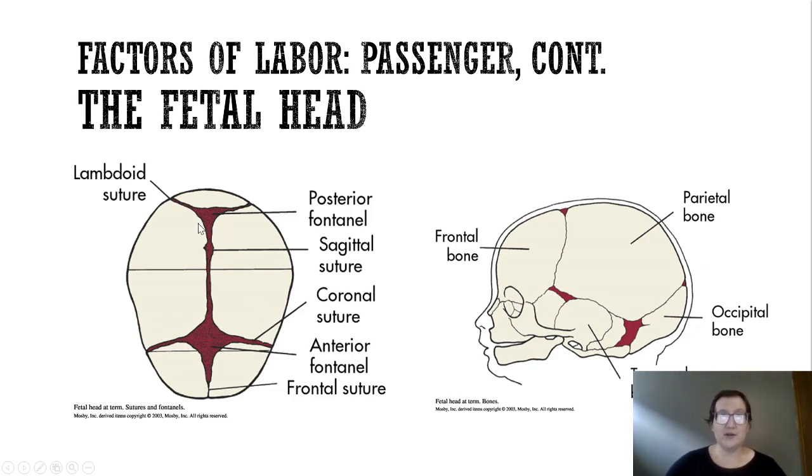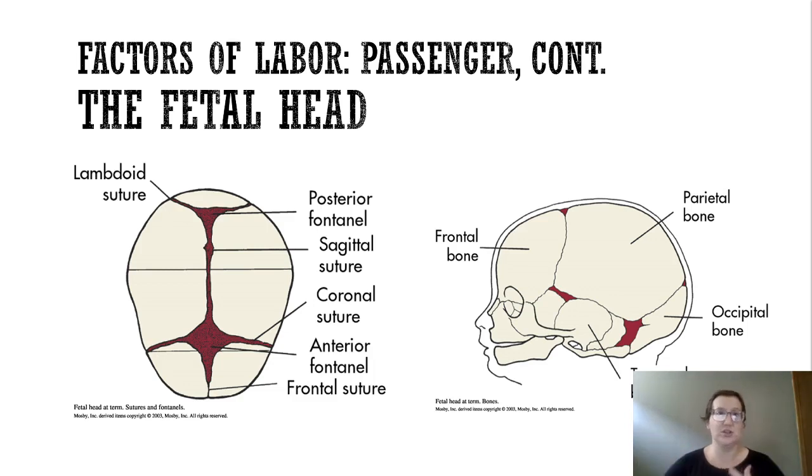The posterior fontanelle, on my fake baby, and we'll look at this closer in class as well, is a very large triangle here. It's very, very exaggerated. In reality, it's literally like a fingertip that you're able to feel.